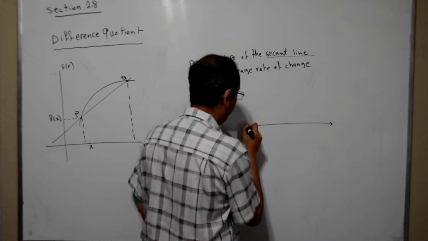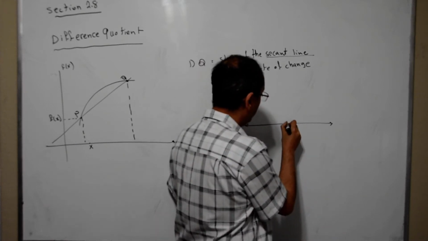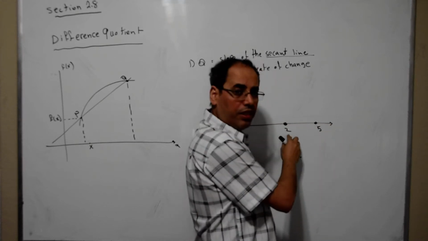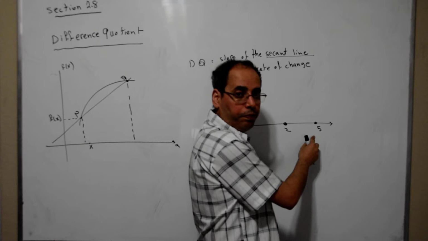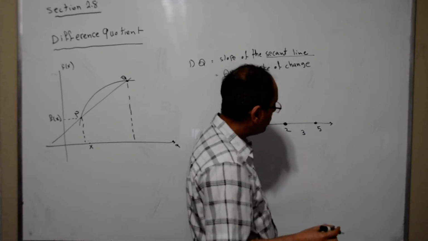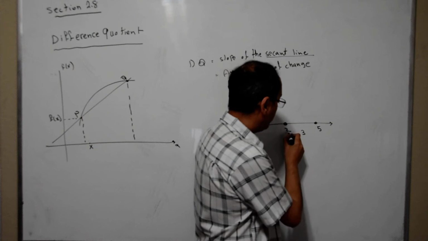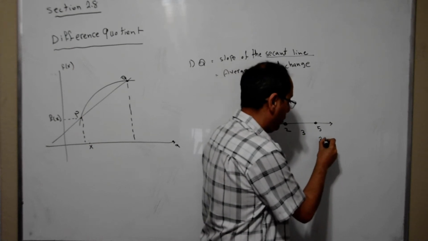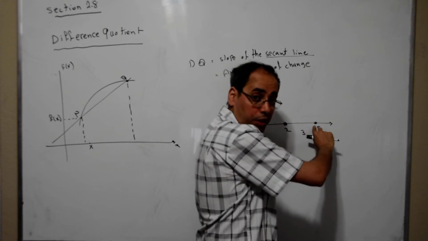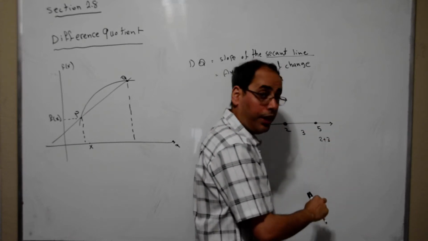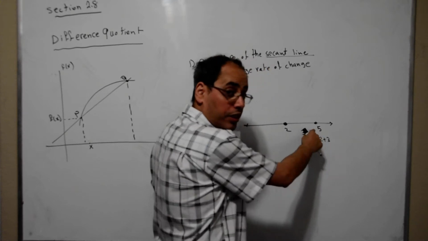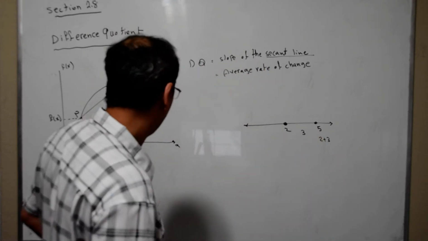As a simple way, if I have 2 and 5, what's the distance between 2 and 5? It is 5 minus 2, which is 3. So I can define 5 as 2 plus 3, this point plus the distance, which gives me the 5. So I can say 2 plus 3 instead of 5, and they are equivalent.